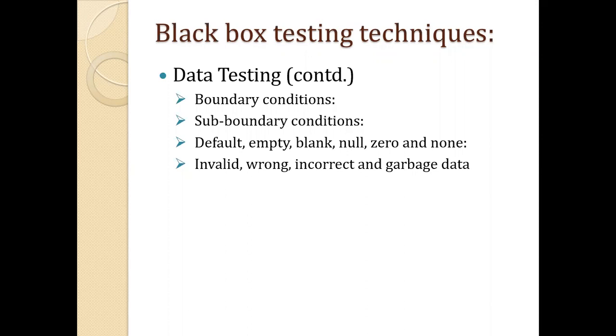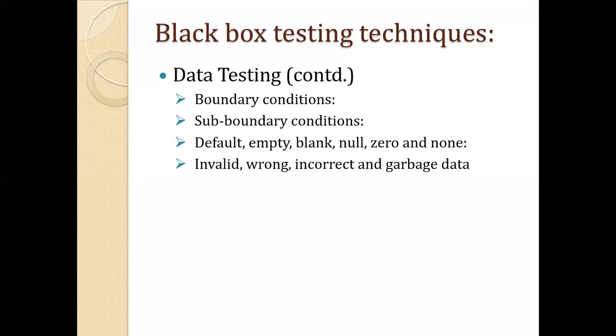You are taking the input numbers from your user, limited to 5, and you are storing them in an array. Say the array name is A, then what could be the value of A of 0, A of 1, A of 2, A of 3, A of 4, and A of 5? That you are going to check here.